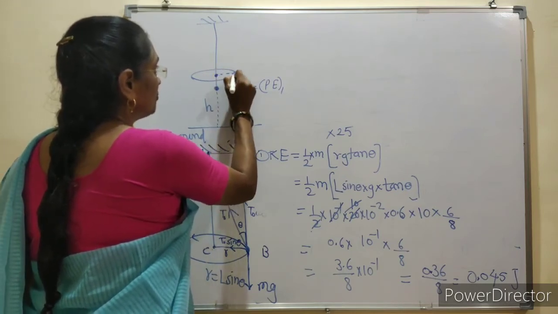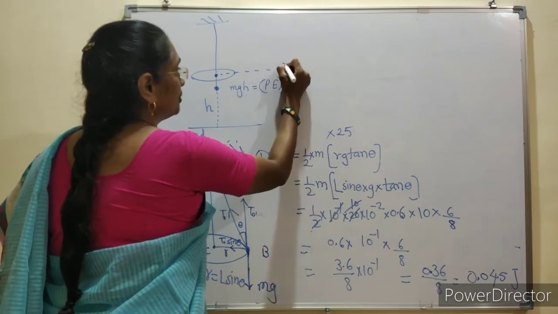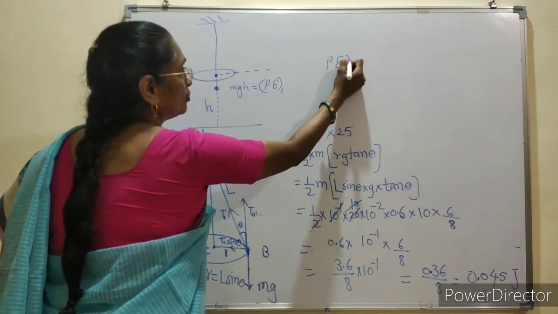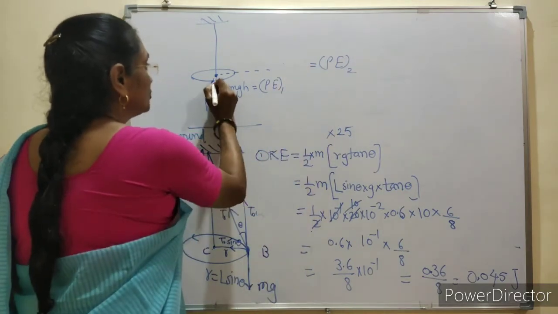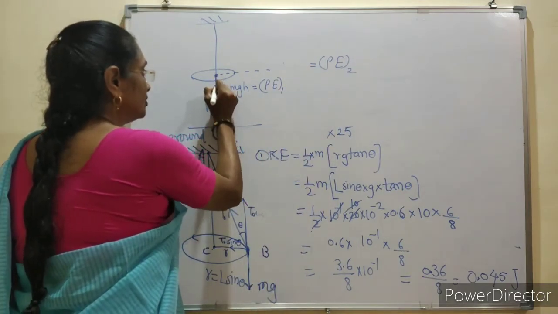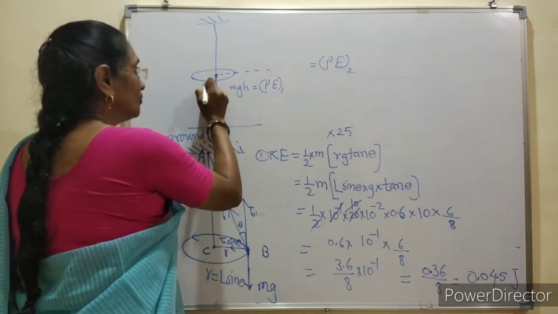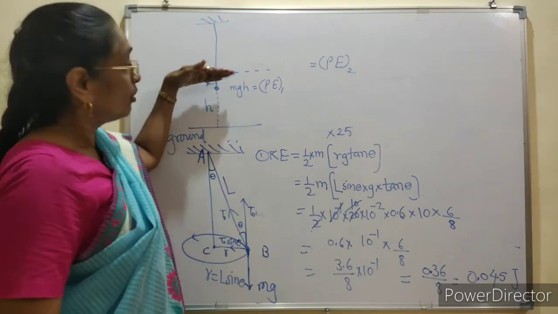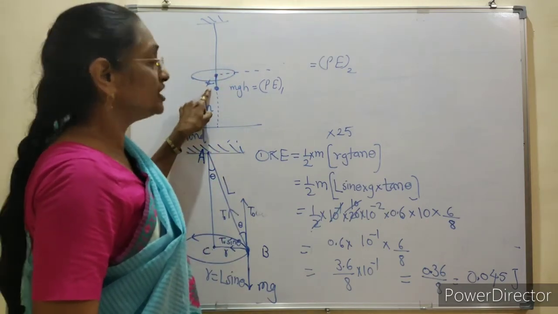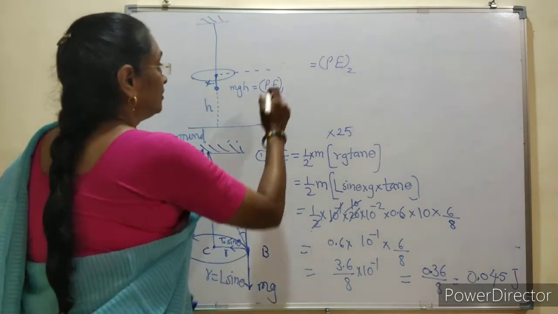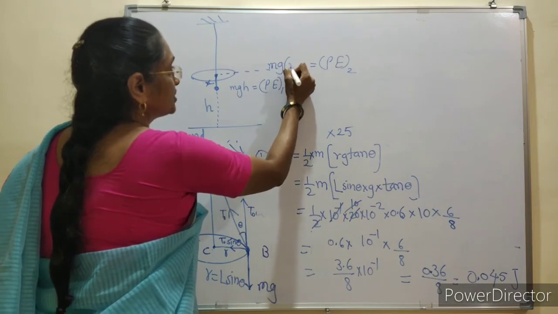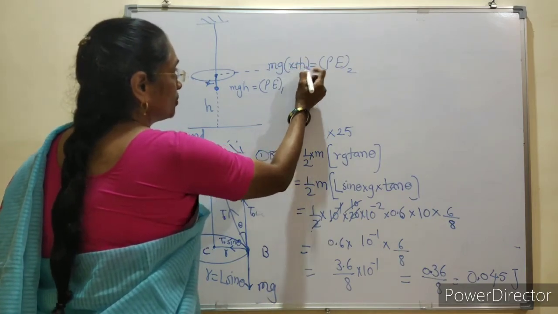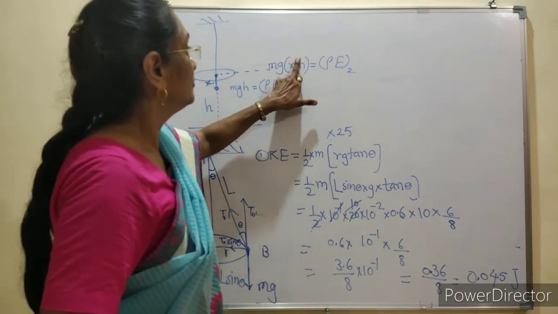At this position the potential energy is denoted by potential energy 2. Suppose the distance by which it is raised from the horizontal plane is x, then that potential energy can be mg(x plus h).